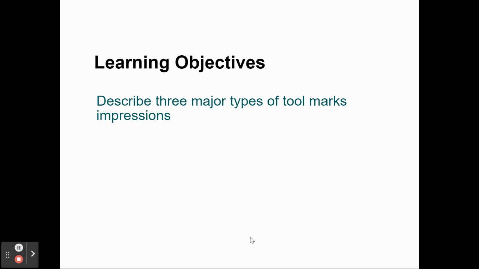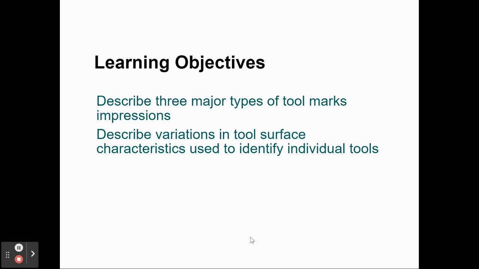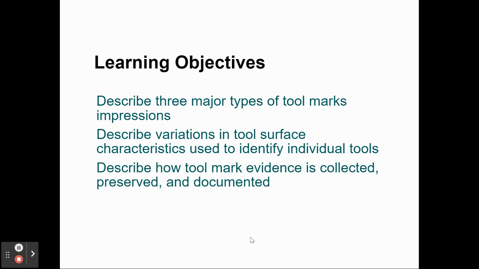Those are two of the three that you'll oftentimes find, and then the other is going to be just simply the cutting type of marks as well. But anyway, variations in tool surface, what examiners are going to use to discern between differences of those tools, how it's collected, preserved, and documented.